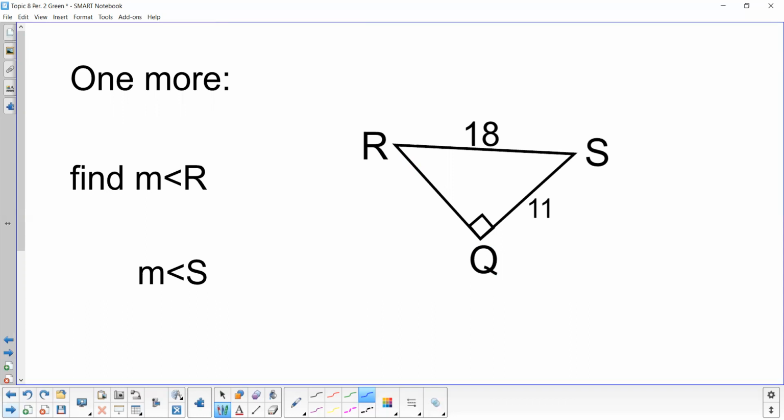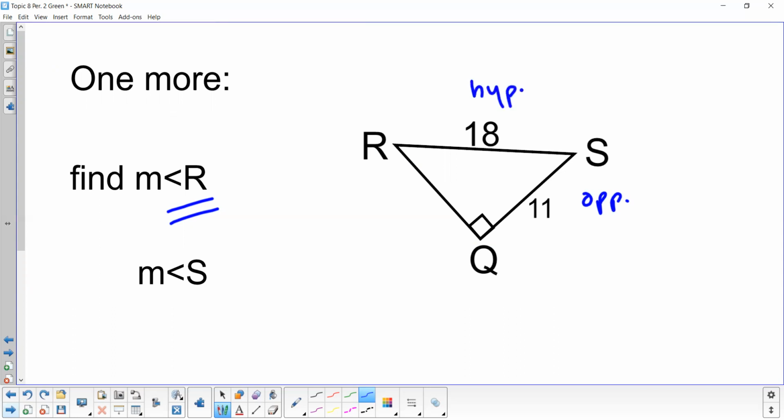So it's up to you whether you want to solve for angle R or S first, it doesn't matter. But based on which one you choose, it's going to affect what the other side needs to be called. So if I'm going to solve for angle R first, what side is 11? It's the opposite. And 18 is the hypotenuse, because it's across from 90.